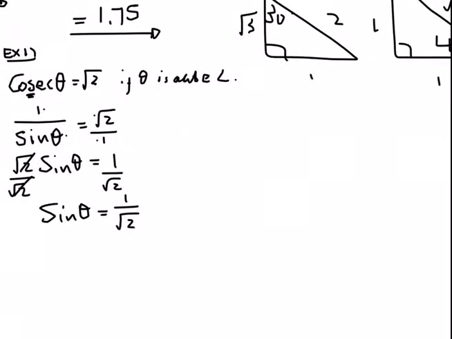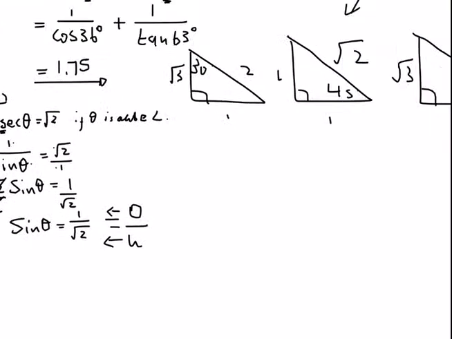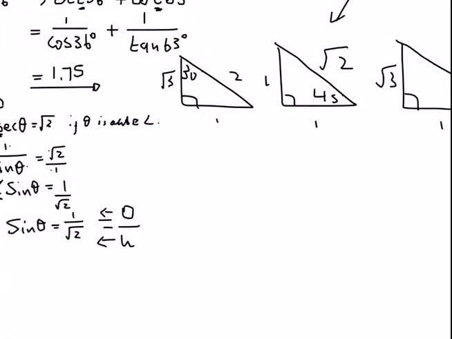And what I know is that sine is the same as opposite over hypotenuse. So 1 is my opposite, square root of 2 is my hypotenuse. Let's see if it suits. Yes, 1 is the opposite, and square root of 2 is the hypotenuse. So that means this angle is 45.